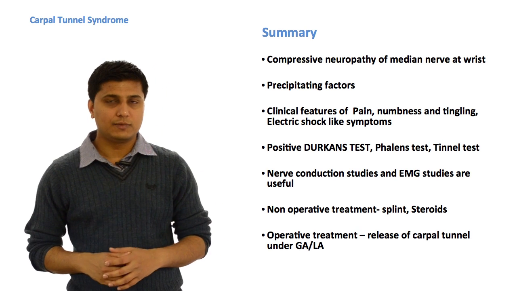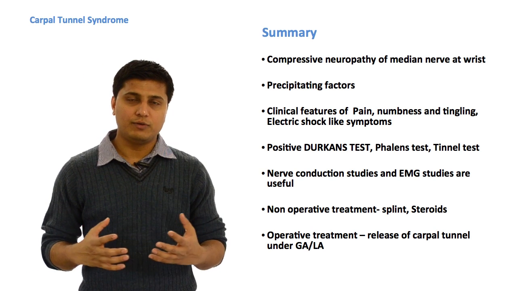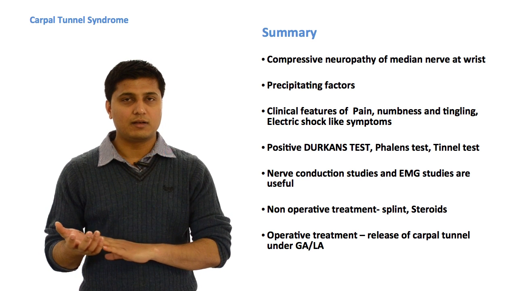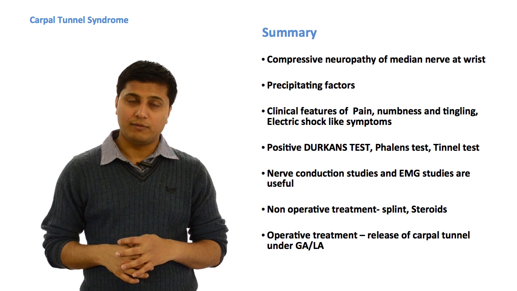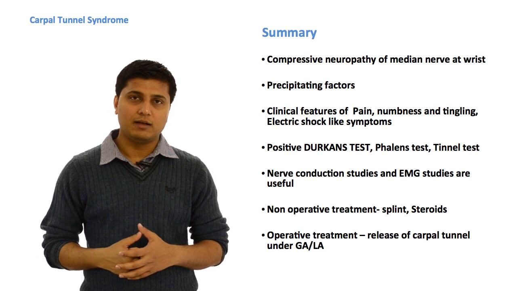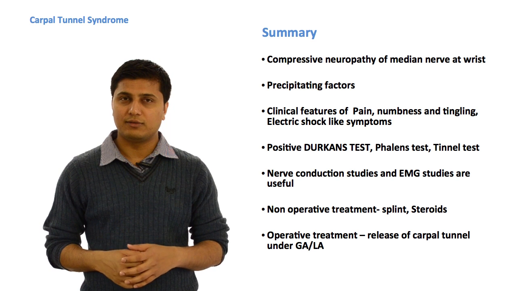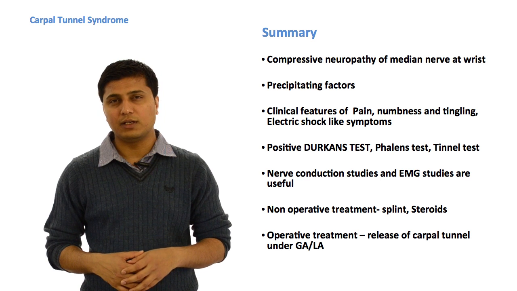So, in summary, carpal tunnel syndrome is a common condition. It's a compressive neuropathy of the median nerve within the carpal tunnel. Middle-aged females are commonly affected, and there are certain precipitating factors such as repetitive wrist movements and vibration. Medical conditions, for example, diabetes and hypothyroidism, are commonly associated.